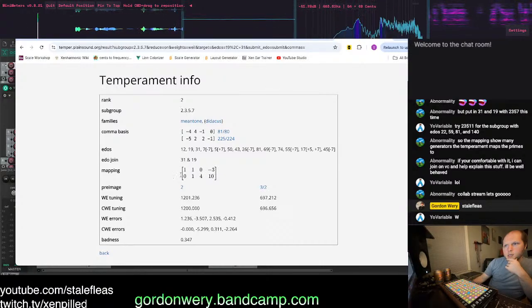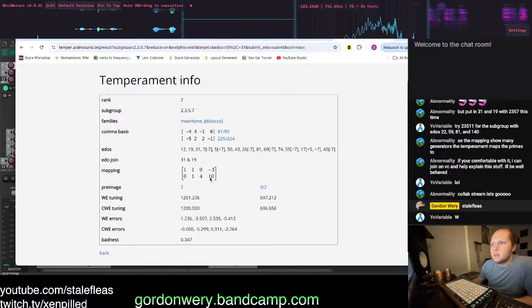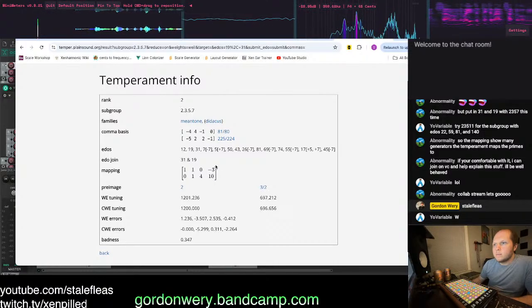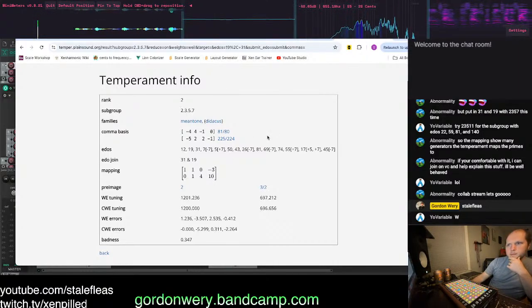To get 3/1, you multiply 3/2 times 2/1, and to get to 5/1, you stack 4 perfect fifths. That would be just normal mean tone, and then you also have the 7 here, at 10 generators up. The way you could think about it is that with mean tone you're flattening the fifth, right?